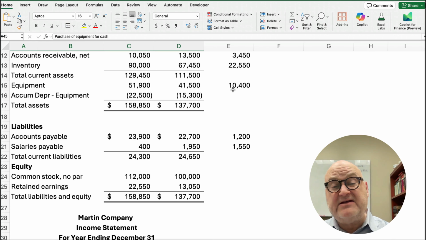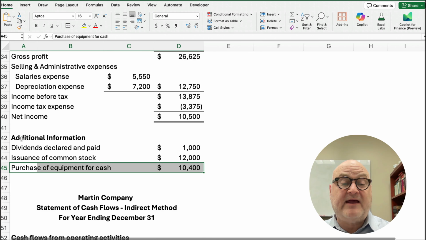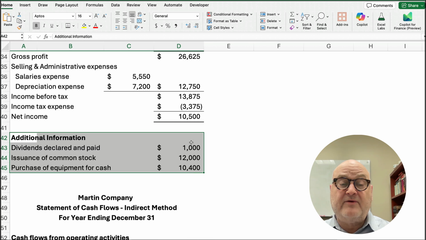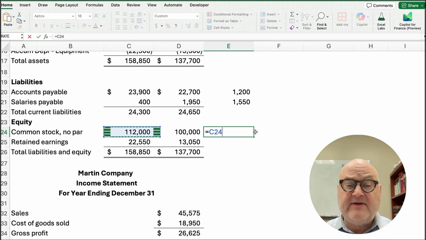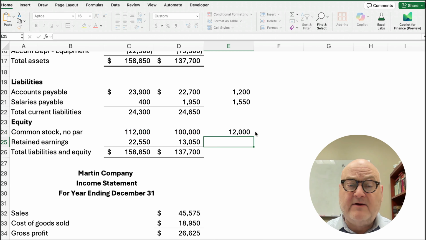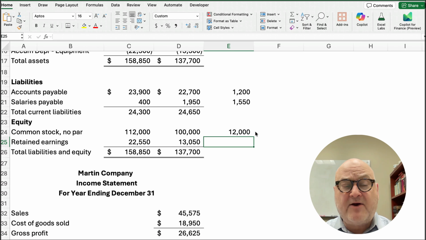We have verification. We'd have to kind of assume that, but we have additional information that says, hey, this is 10,400. So now we're going to look at these 2. But let's go back and look at what we can see. The difference is here. The 12,000, we must have issued more stock of 12,000, okay? And then retained earnings.